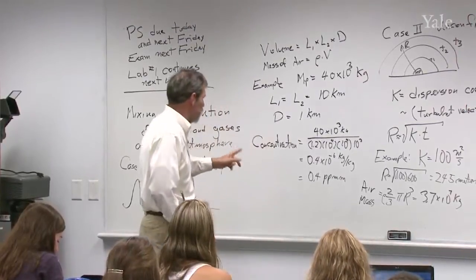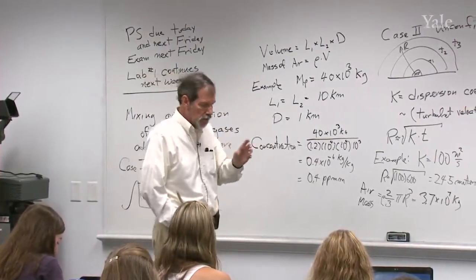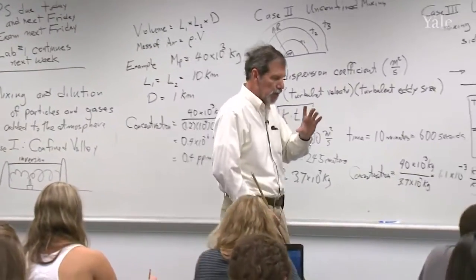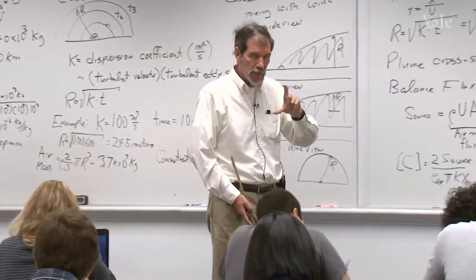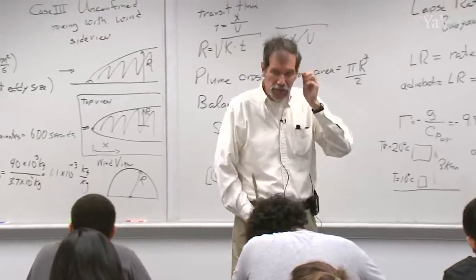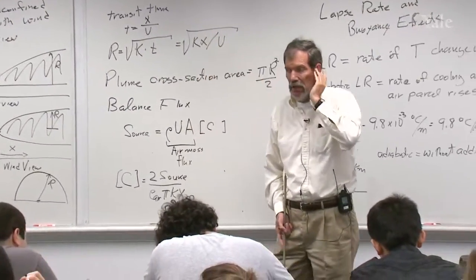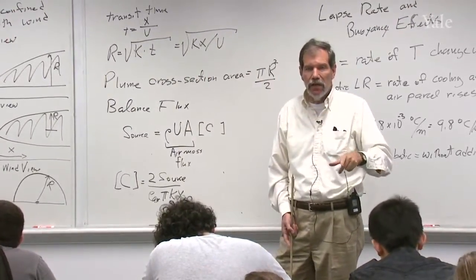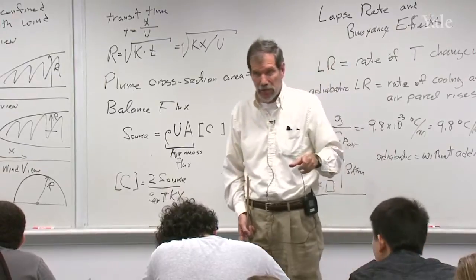I didn't put that definition up here, but be sure you get that in your notes. We're defining concentration in this case as a mass ratio: the mass of pollutant that you've added to the atmosphere divided by the mass of the air into which it has mixed.